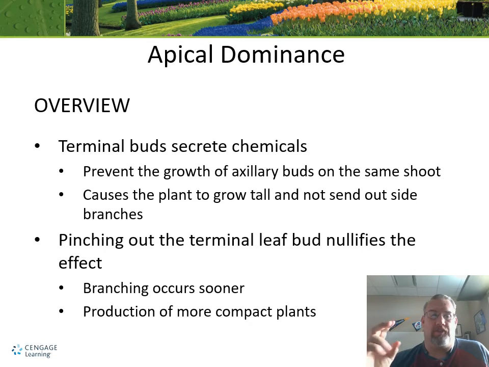These terminal buds, which are on the end of a branch, will dominate the rest of the buds on a branch, and will secrete chemicals into the rest of the branch to stop the growth of other buds, or to slow them. Once you remove the terminal bud, other branches are going to come out, and they will come out sooner because the chemical will not be there to stop them.